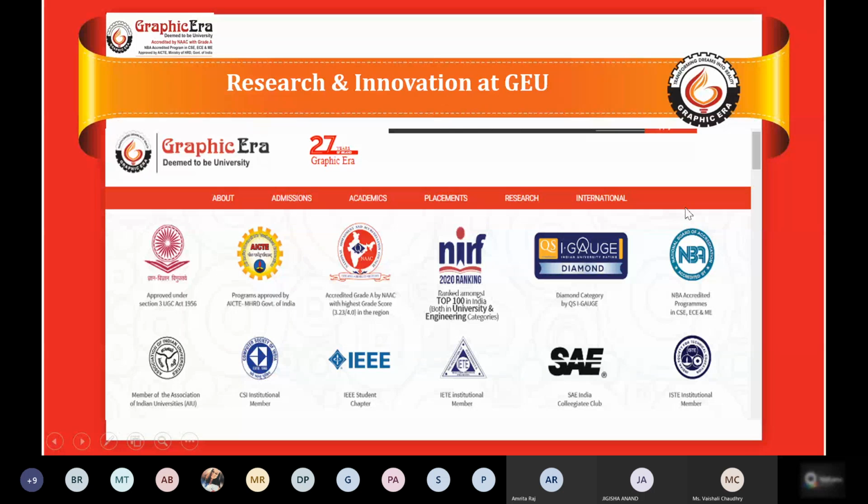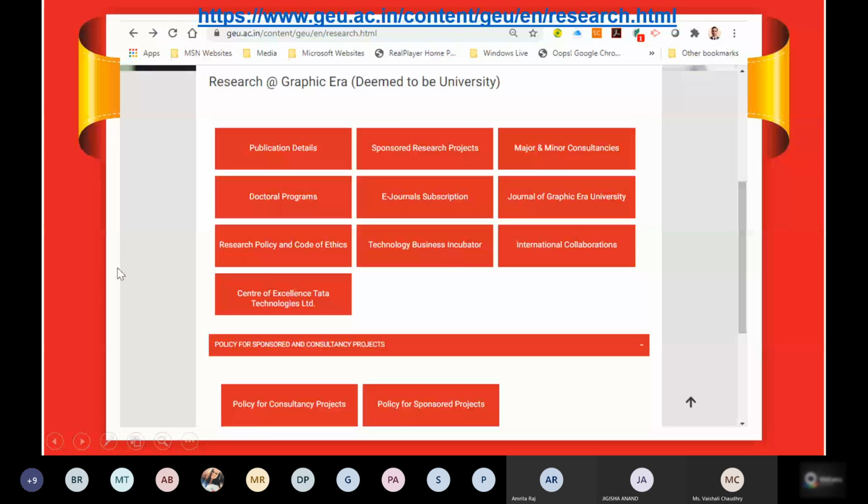Likewise, moving ahead. Okay, this slide is very important for you because I have given you the link of the website where you can find the research at Graphic Era, right? This is the link, gu.ac.in/content/gu/en/research.html. So here you will find different tabs showing publication details, sponsored research projects, consultancies, programs.